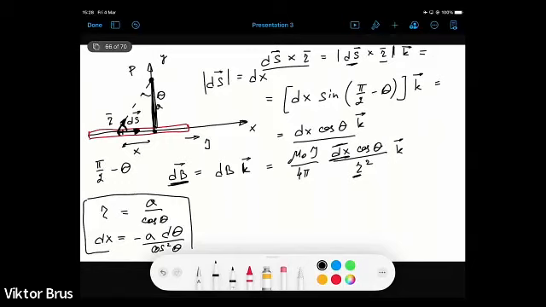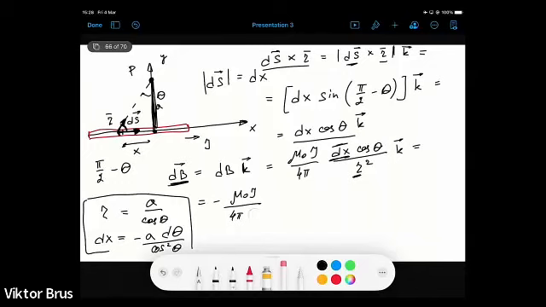So I can write that this is equal to minus mu naught times I divided by 4 pi, times a, which we will put later.